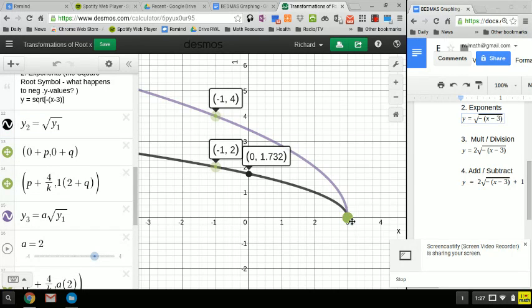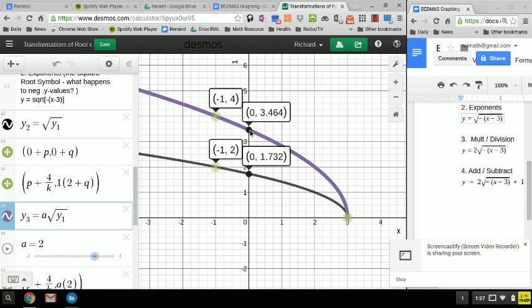It's invariant. What about the y-intercept? The y value on the original square root graph, the square root of the line, is 1.732. Double of 1.732 is about 3.4, since 1.7 times 2 is 3.4.